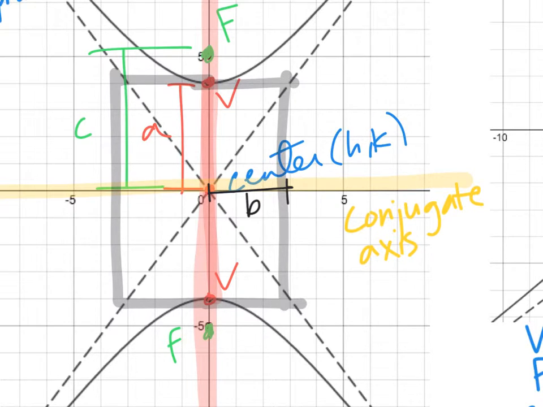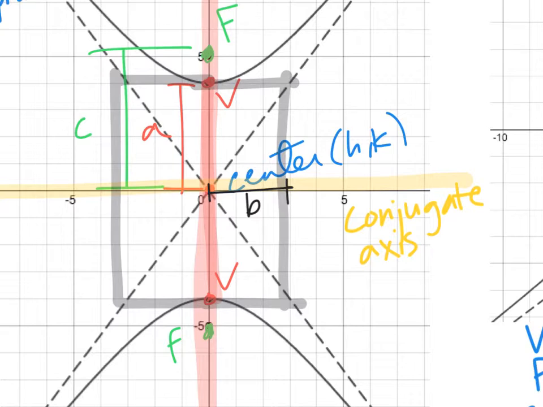Which way do I move? Left, right, up, down? Up by how much? A. So which one do I move, H or K? K. So what's the vertex coordinate for this one? Good. H, K plus A.